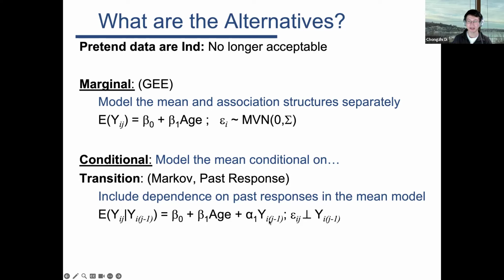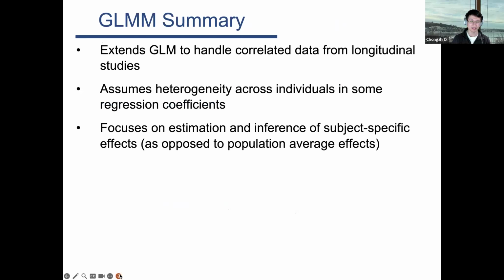You can build a regression model for that, using the previous history as a covariate, and you can also add additional covariates. This is another type of model that can be useful in some cases, but it's not used as widely as mixed effects models.